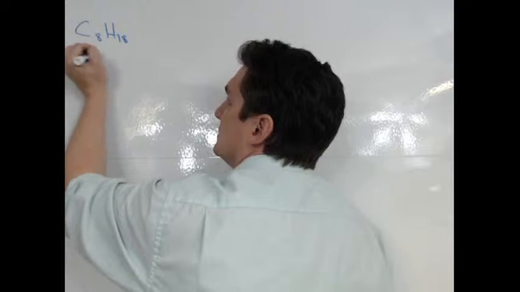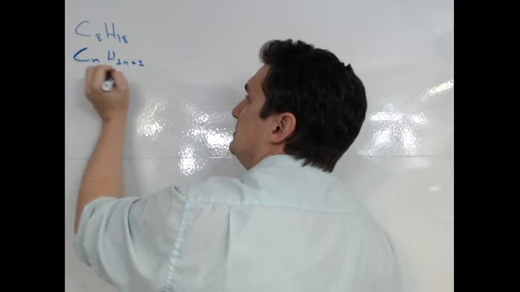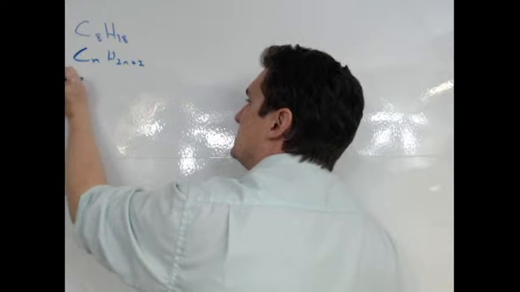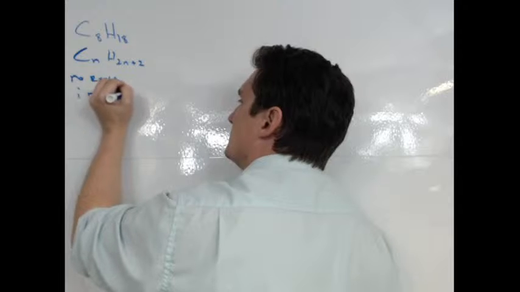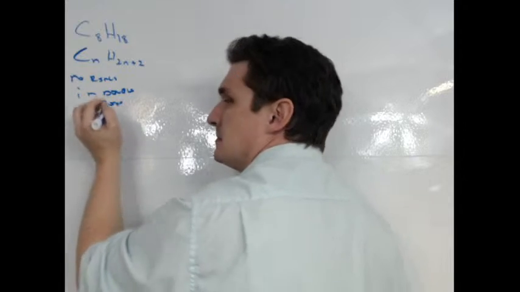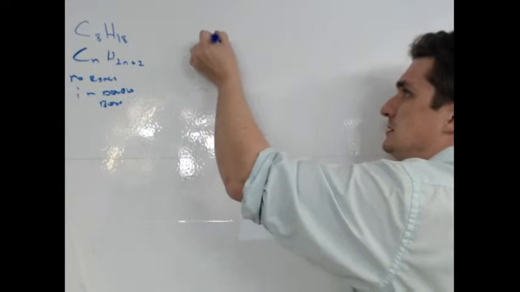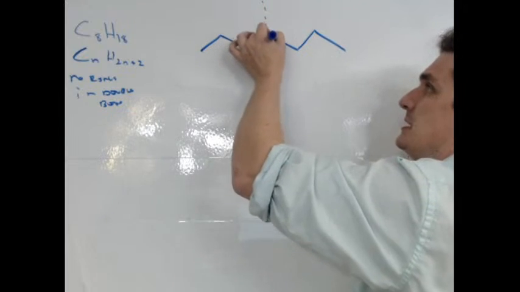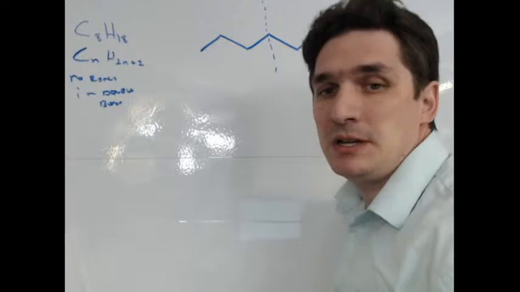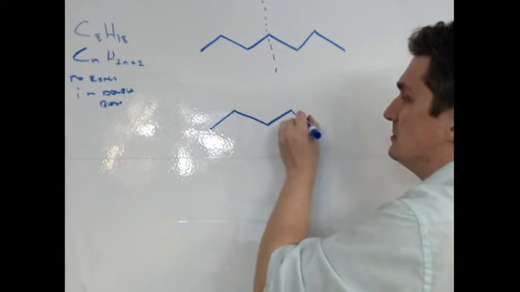So if we look at it, CnH2n plus 2, 18, so there's no rings and no double bonds. So heptane is C7. 1, 2, 3, 4, 5, 6, 7. Now there is a mirror plane in this molecule, so we're looking for ones where we would get a unique name. So it already tells you there's 3.